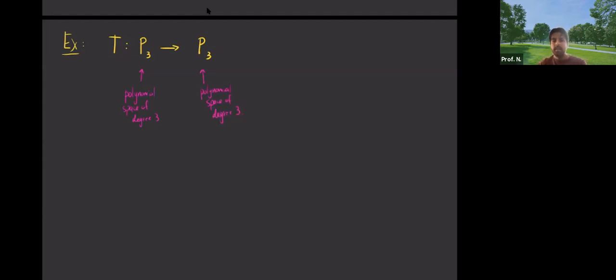What that means is that this is a space where you only see polynomials of degree 3 or less than degree 3. So that's the cool thing about transformations.